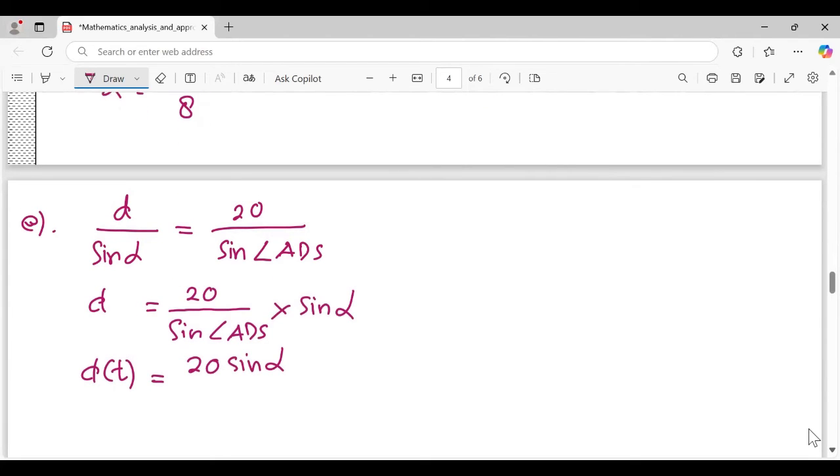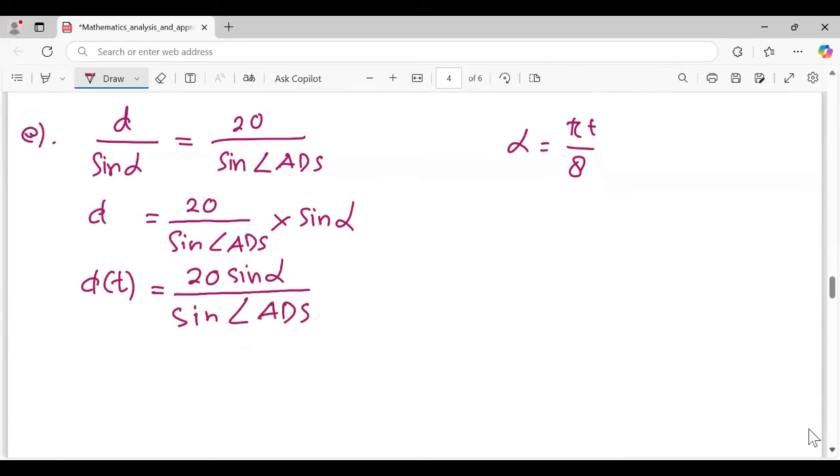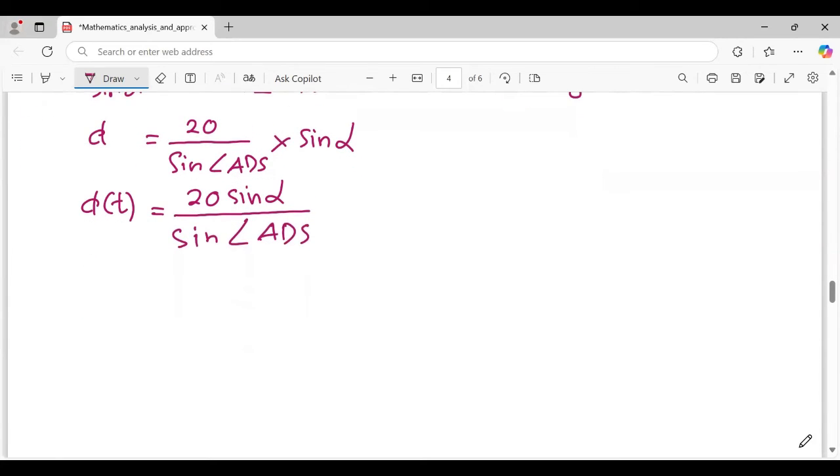With alpha equals pi t over 8, over sine angle ADS. Okay, I need more space. Right.